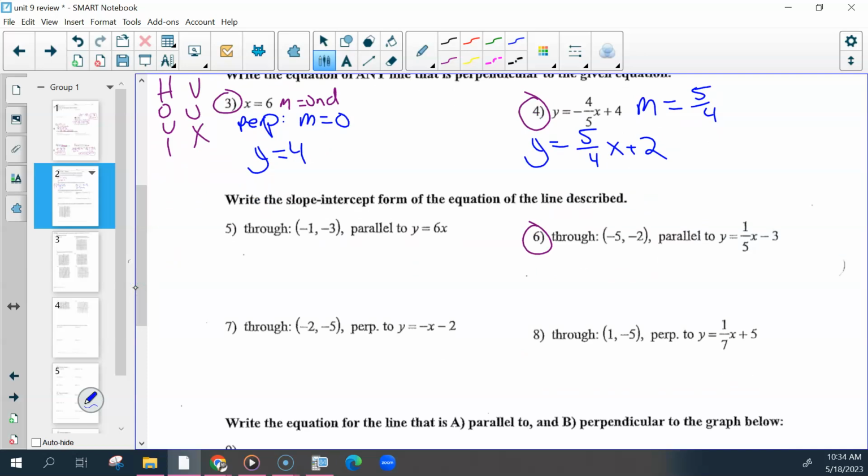Okay, let's do 6. For these questions, you'll need this formula. Y minus y1 equals m times x minus x1. It's also on the board.